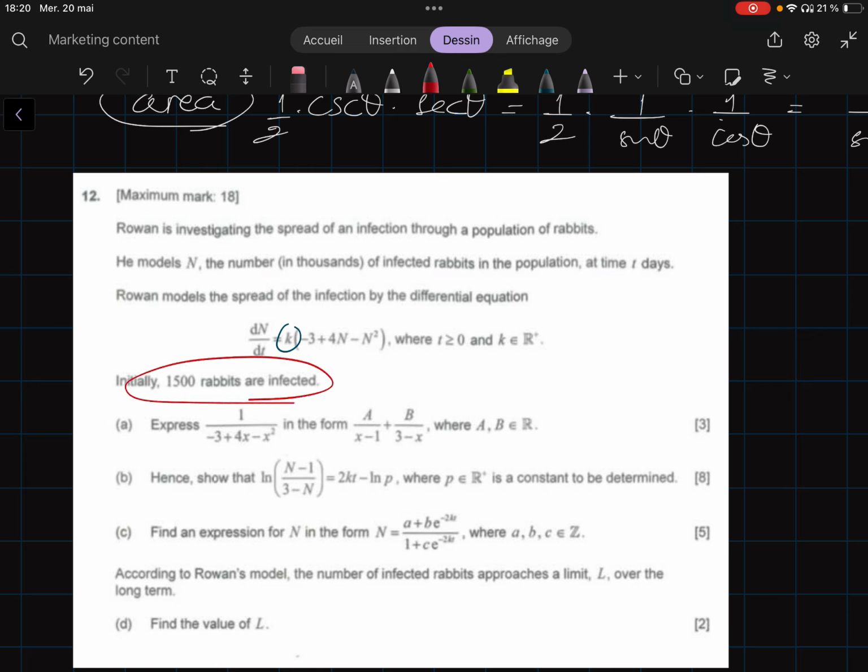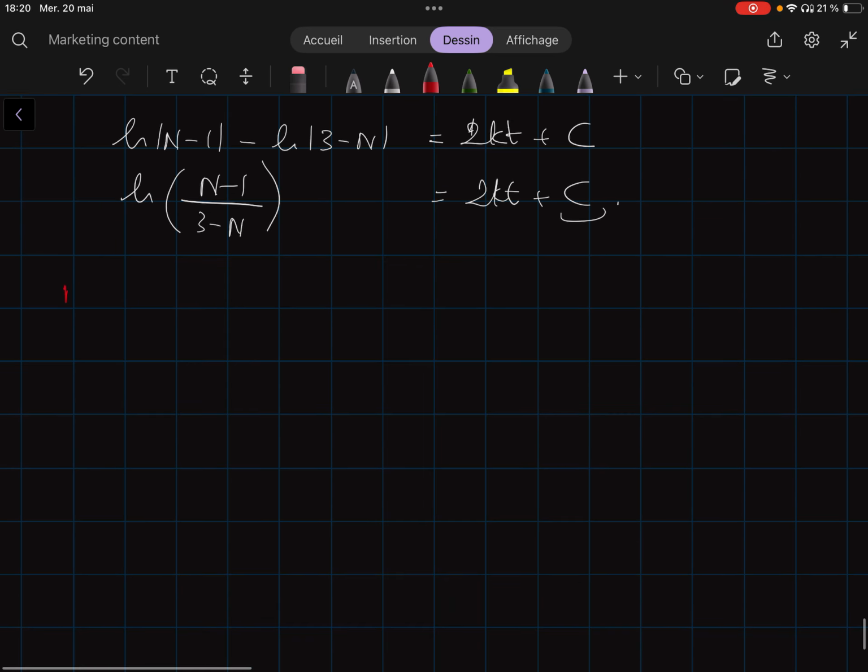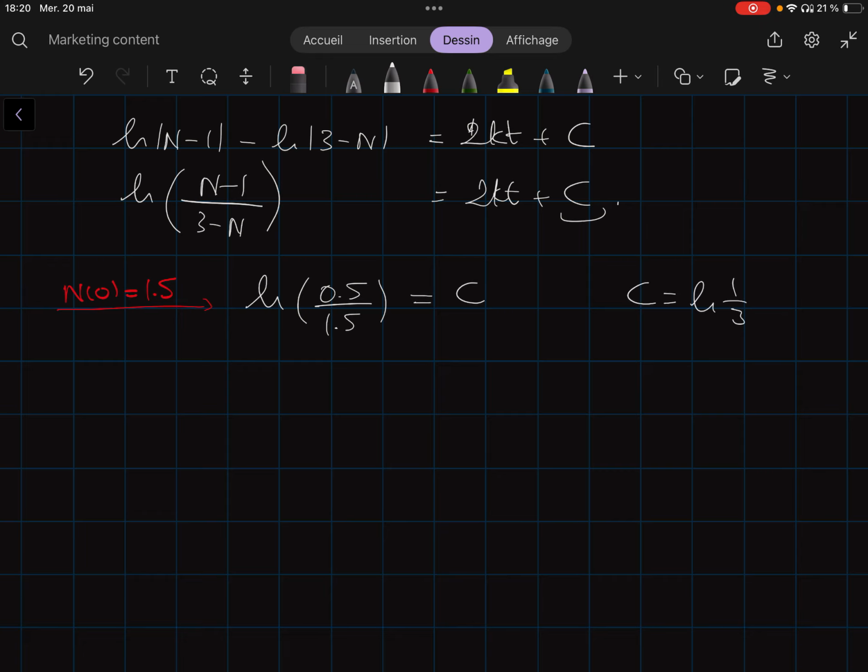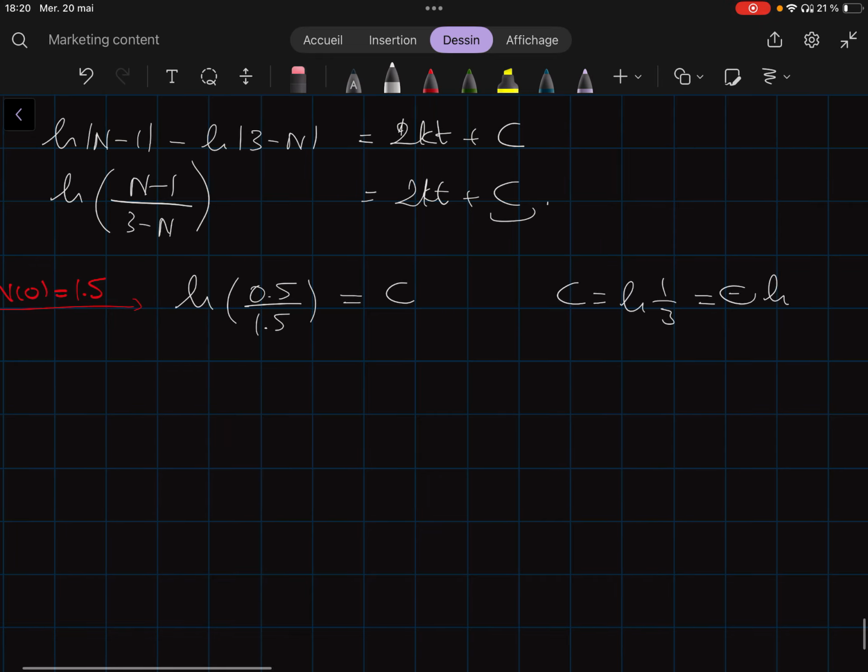So this is the initial value. N is in thousands, people. So what we're given here is that n at 0 is equal to 1.5. And therefore, ln of 0.5 divided by 1.5 is equal to C. C is equal to ln of 1 by 3, or minus ln of 3.